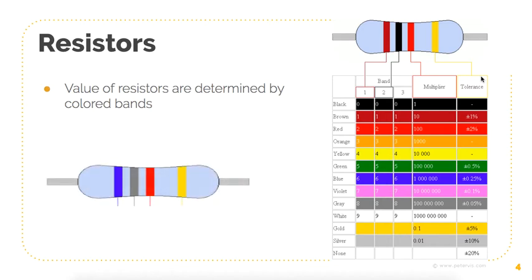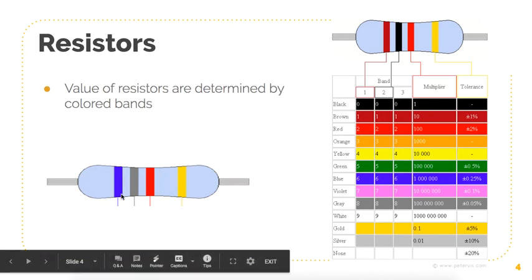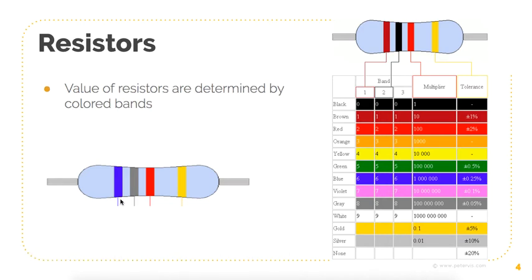So just as a quick example, because you're going to be working through determining the value of some resistors on your worksheet this week. If we had this resistor here, the first color band is blue. So that first color is represented by the number 6. So this is band number 1. Go down, it's blue. The digit is 6.